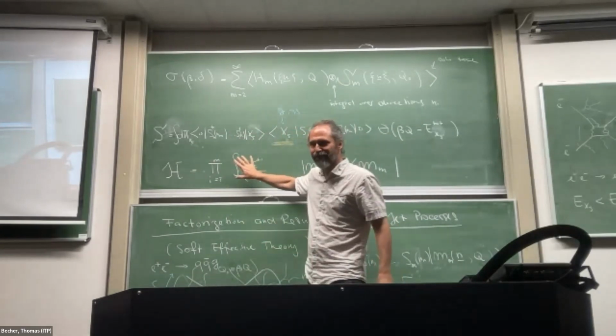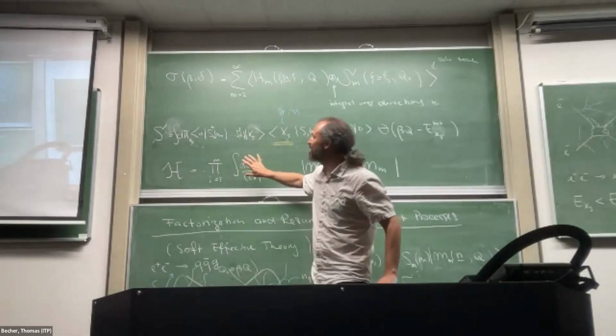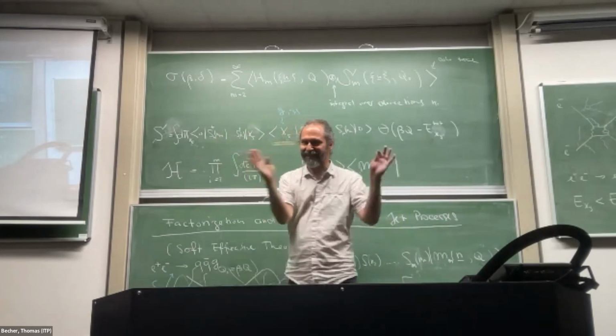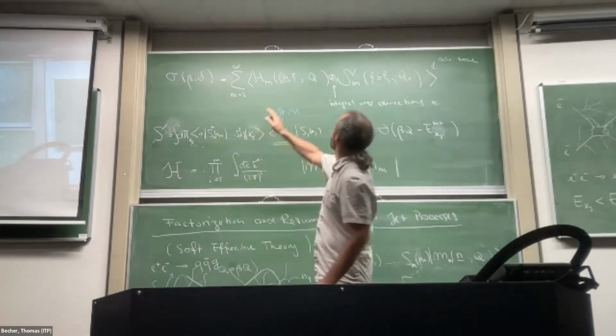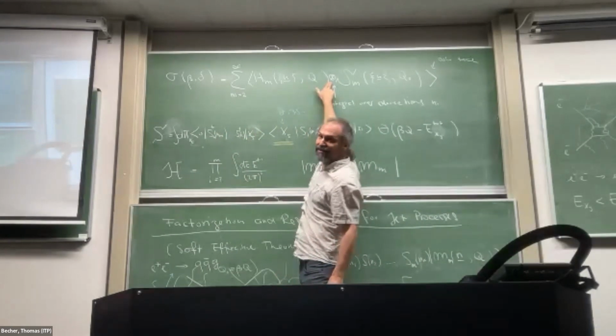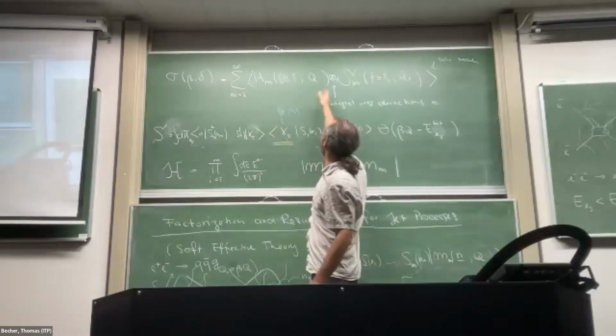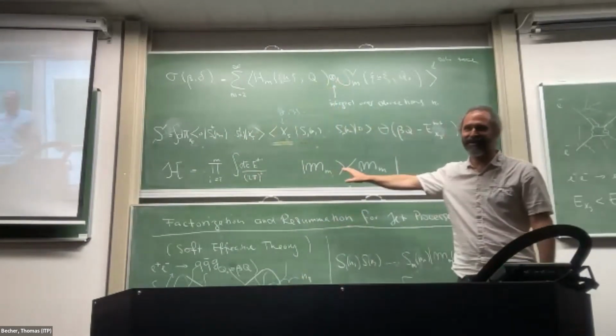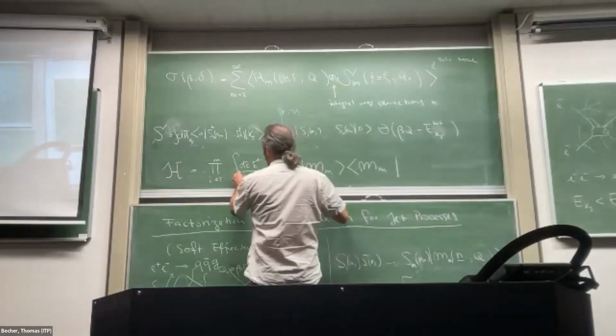I'm taking the usual phase space, and I want to do the energy integrals, but I'm not doing the angular integrals. I'm keeping everything at fixed angles, and the angular integral is this symbol here. Some of the 2 pi's I put in the angular integrals, other 2 pi's I put here.